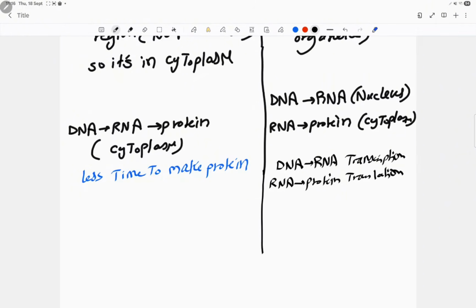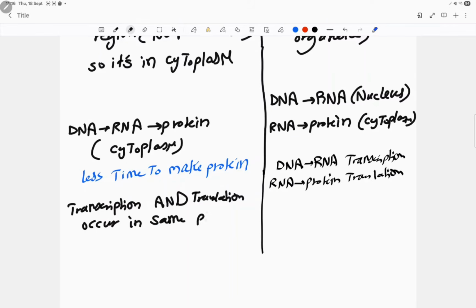But in the prokaryote, they occur in the same place. So transcription and translation occur in the same place. And here they occur in different places.